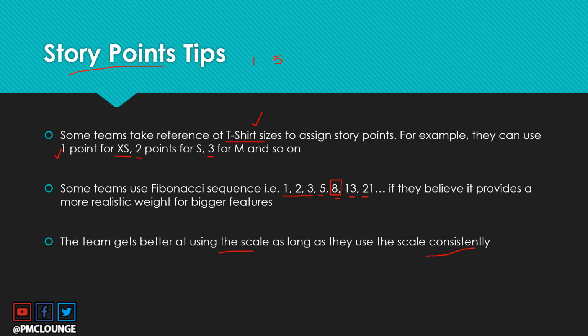If they stick to the Fibonacci sequence and use it consistently, then obviously they are going to get better at it. They're also going to understand whether t-shirt sizes or the Fibonacci sequence is more realistic for them. So it depends. And of course, as long as the team continues to use it, they are going to get better at it.